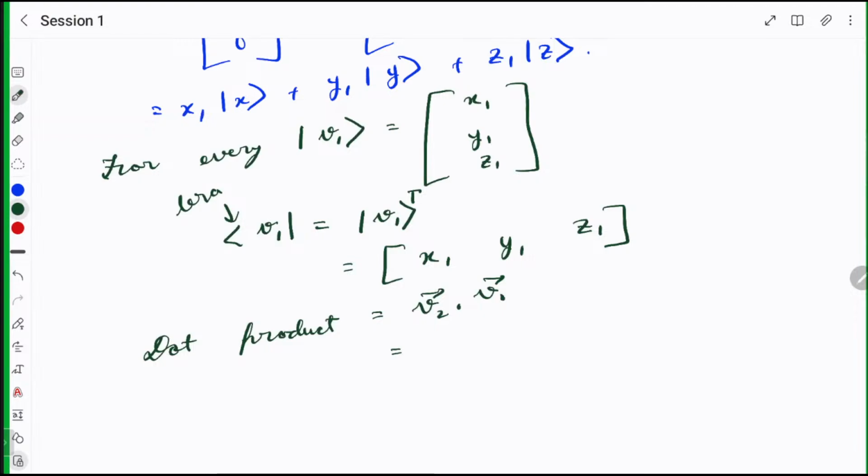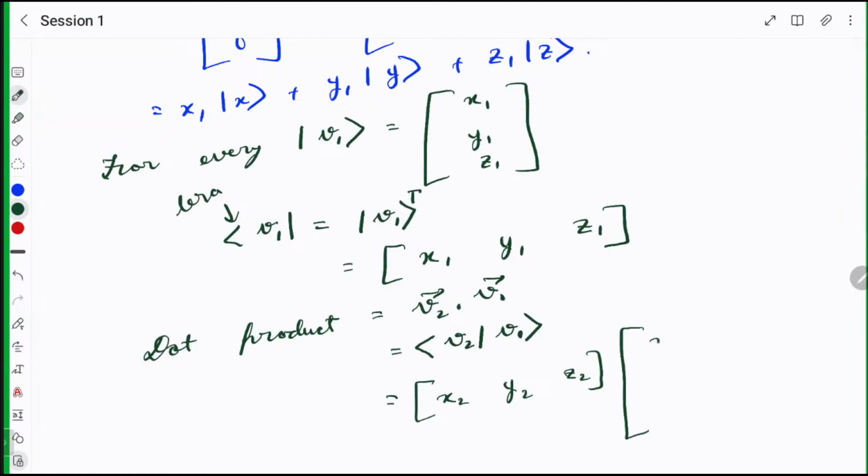It gave me a number. Now I need to combine my bras and kets in such a way that it gives me a number. So now instead of doing a dot product like this, I would just write bra v2 ket v1. So notice bra v2 would be this row matrix. So this is bra v1. So v2 would be the same thing with the index being 2. So like this.